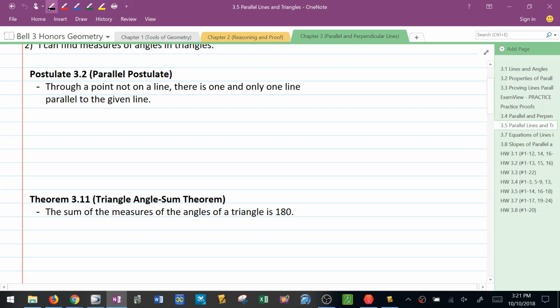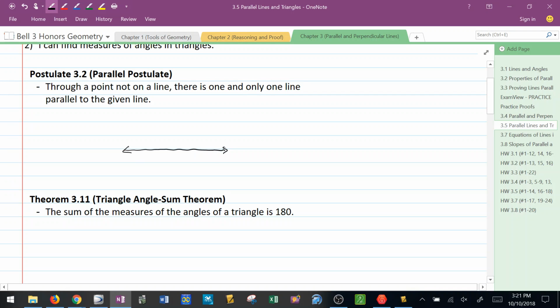The first one is postulate 3.2, which is known as the parallel postulate. It says through a point not on a line. So let me start off by having a line right here. We're going to call this line L. And I know that there exists some point not on that line we'll call point A. That I know there is one and only one line that I can draw through this point that will be parallel to the given line.